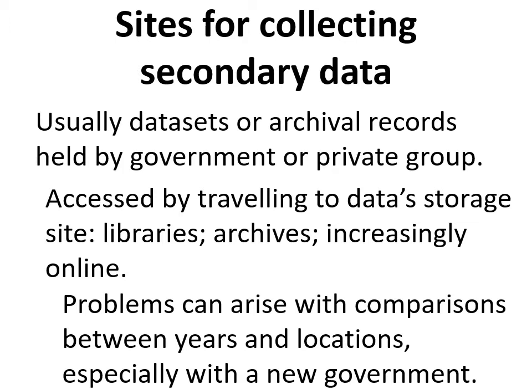And so with secondary data, problems can arise with comparisons between years and locations, especially if there's a new government, and especially if there's a new type of government. So these are things to bear in mind when you are collecting secondary data.